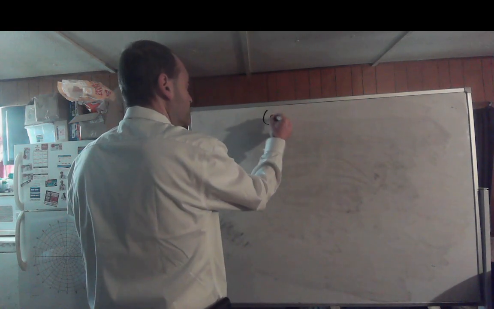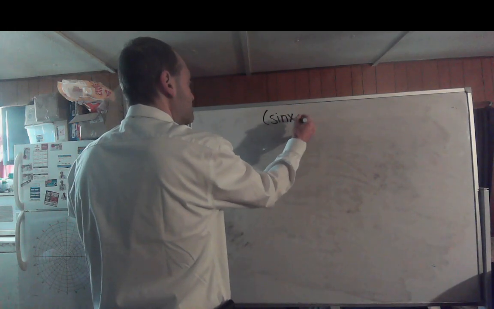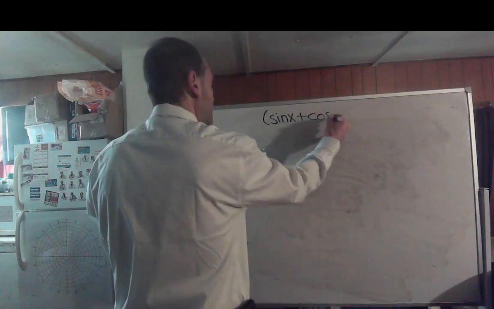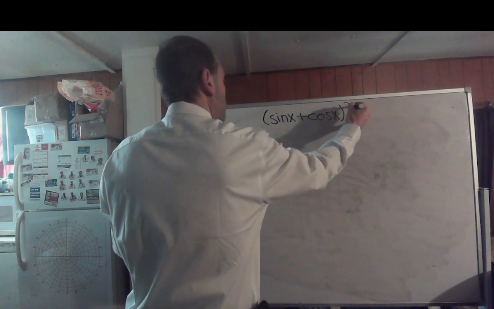we're going to simplify by expanding now. So you have the sine of x plus the cosine of x, that quantity written to the second power.